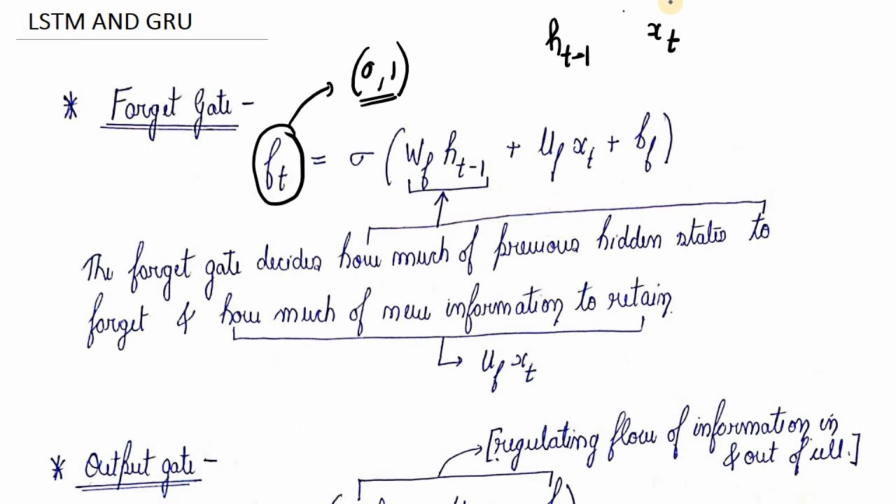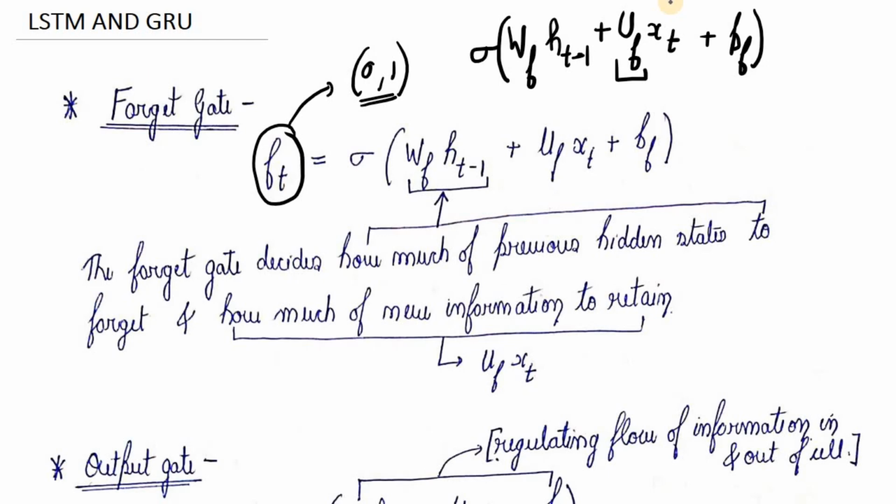Like we used to multiply the xt with u, we will multiply with uf. This is a parameter which is going to be tuned, and like we multiplied st in part 1 of the video with a matrix w, we multiply with wf, and there is a bias term bf over here. And now, since it is definitely going to be a value between 0 and 1, the only activation function which can help us achieve that is a sigmoid activation function.